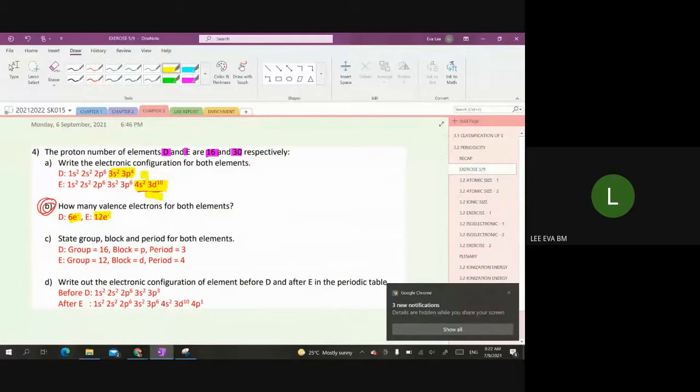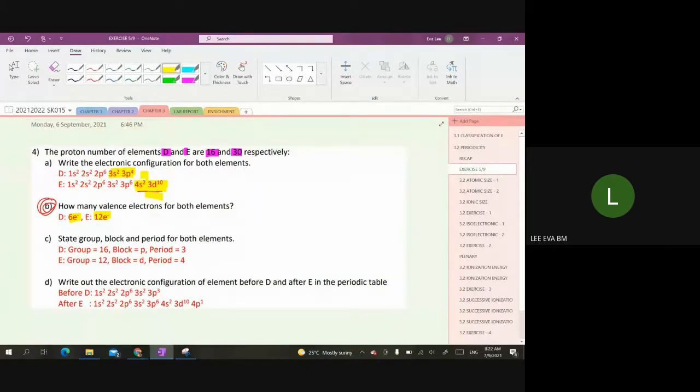Those who wrote 2, please make sure you do your correction and correct your concept. If you know the valence electrons of element E is 12, therefore the last electron in the d subshell gives you block d. Highest value period 4, and because it has 12 valence electrons, it is in group 12.